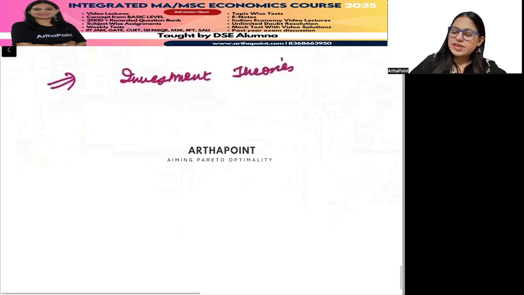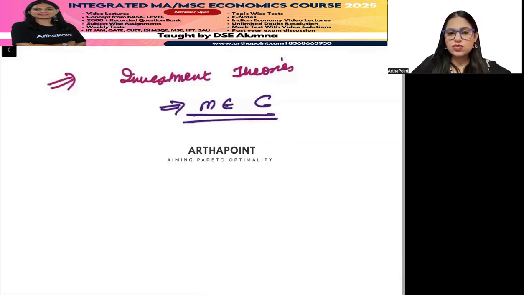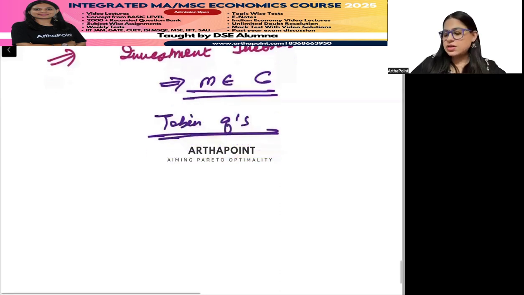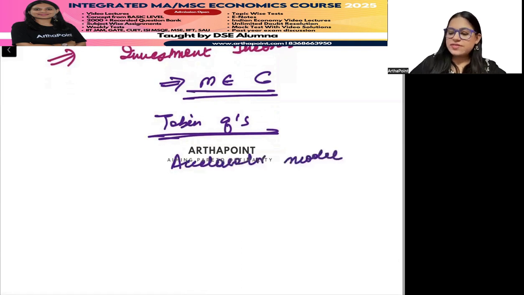So if you remember, we have already done marginal efficiency of capital. इस चीज को आप revise करोगे. You will focus on MEC, and you will also revise Tobin's Q, important, huh? And investment multiplier and accelerator model. All these 3 are available on your portal, and you will go ahead and revise this.